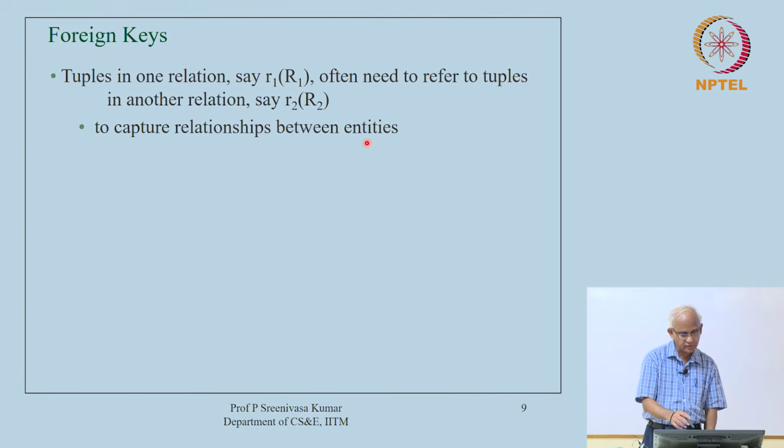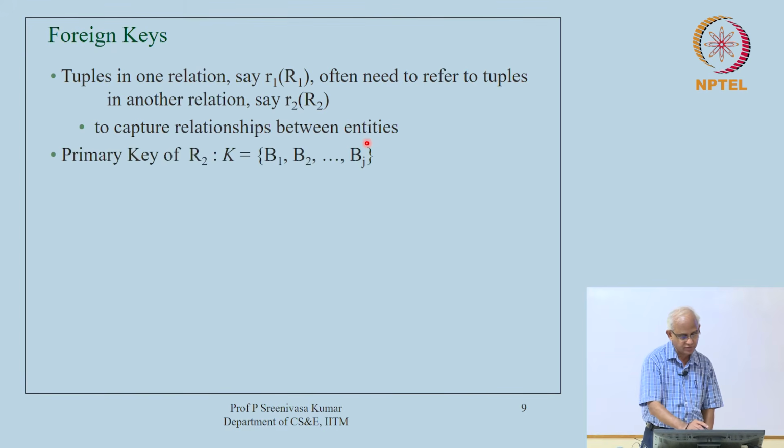But before we look at the example, here is a definition for that. Let us say the primary key of R2 is B1 through Bj. Okay. So we are talking about two relations R1 and R2, and R2 has some key called B1 through Bj.